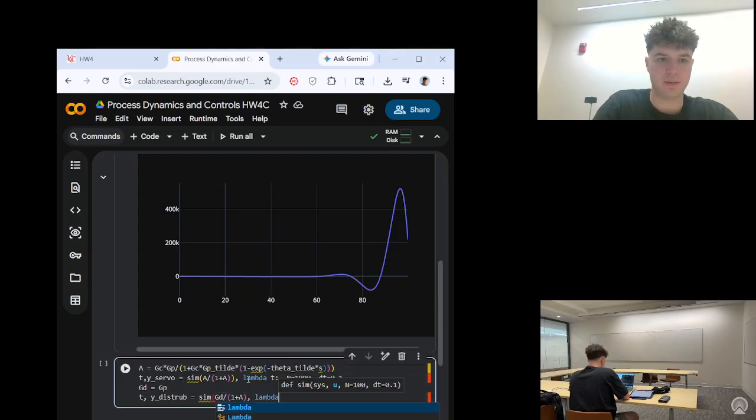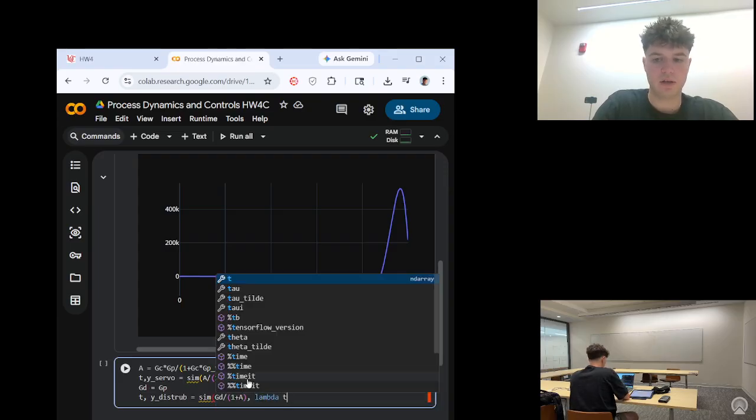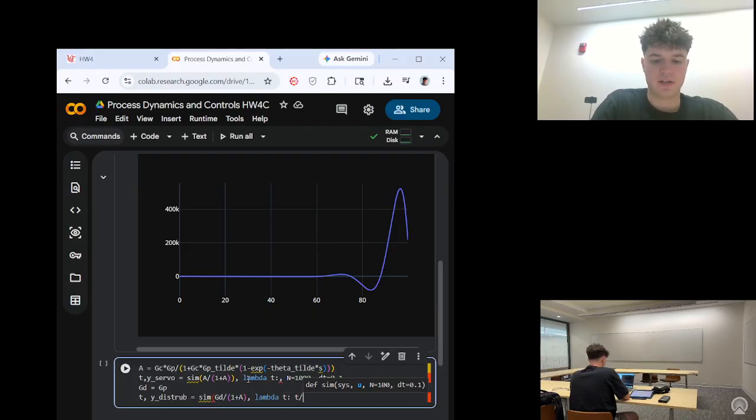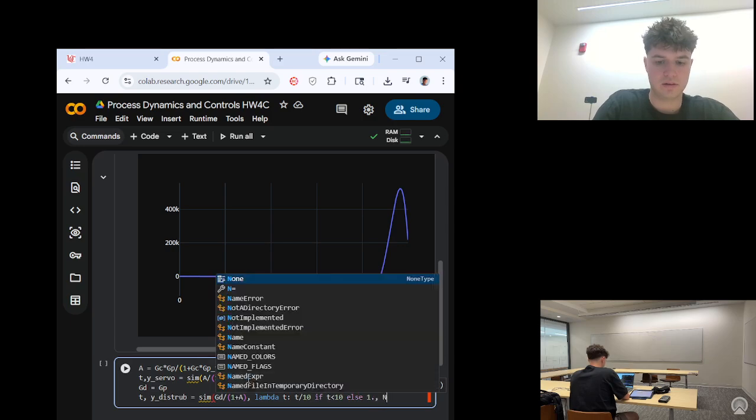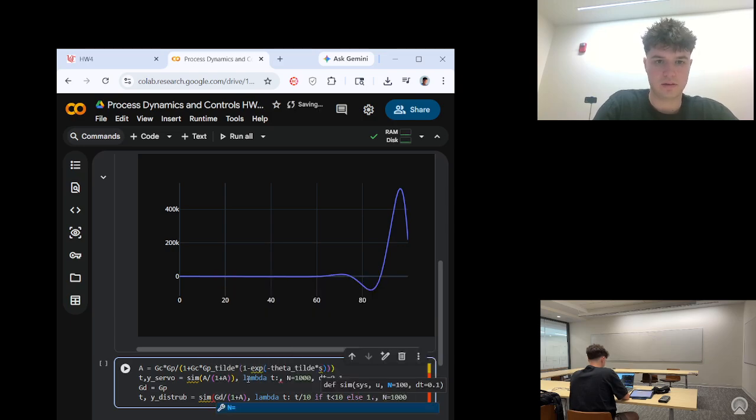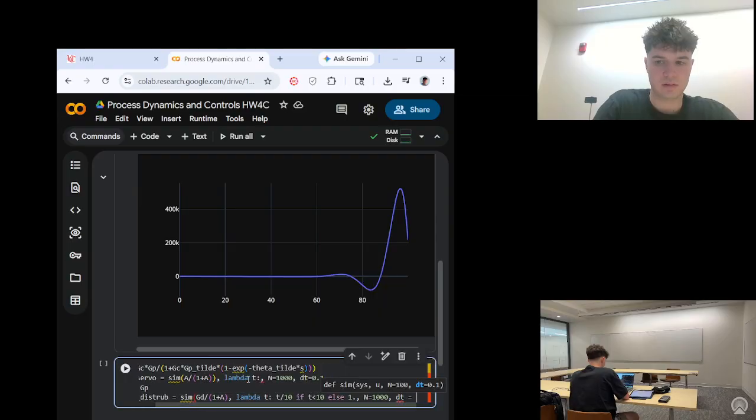In here we want lambda t, t less than 10. We were able to close that off.